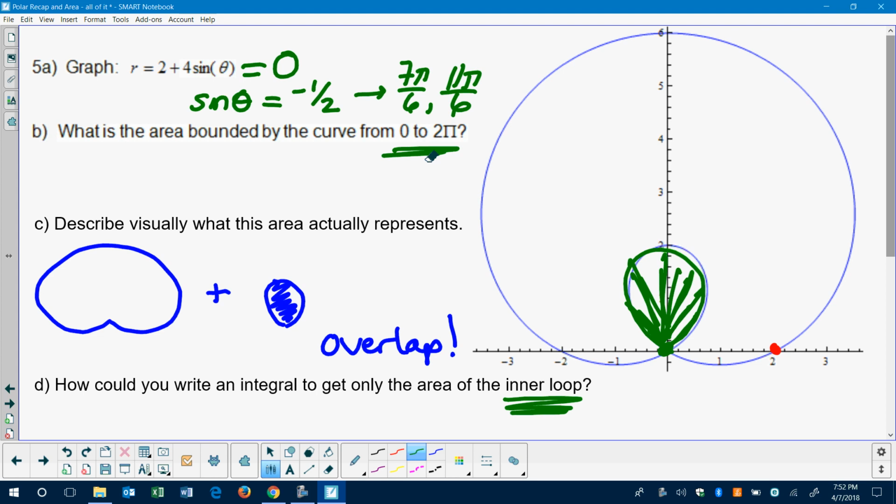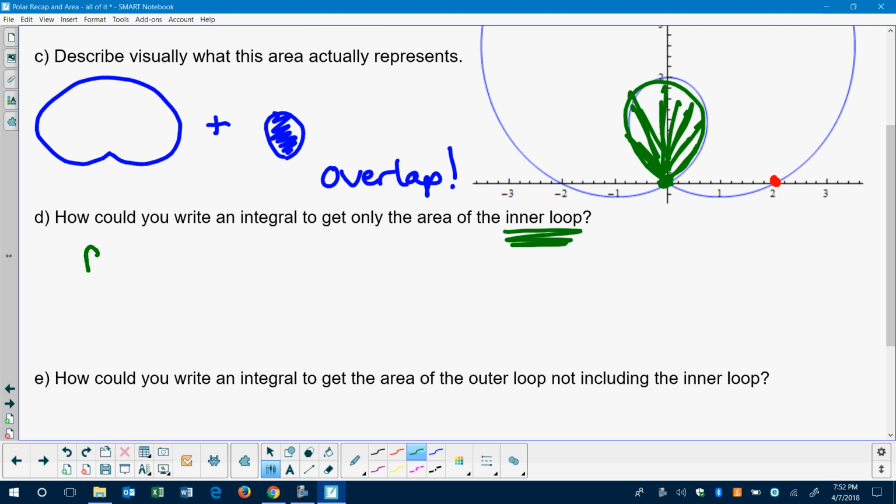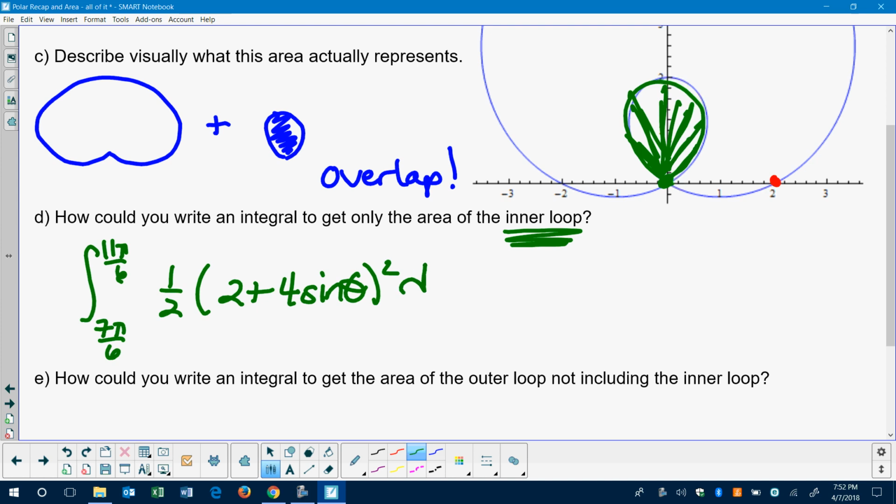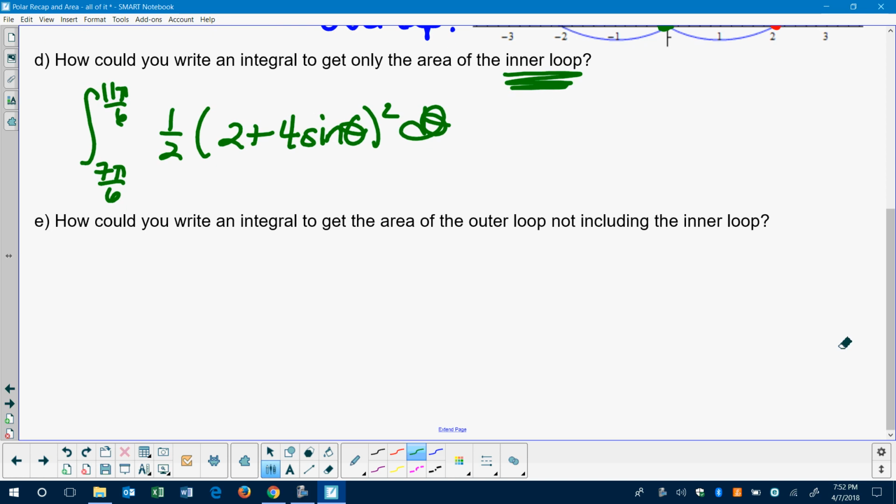So if we wanted to get the integral of just the inner loop, we would set it up to be just those bounds. One half r squared d theta, okay? And then part E, this is a little bit confusing, I think, okay? Just got to really think about what you're doing. How could you write an integral to get the area of the outer loop, not including the inner loop, okay?